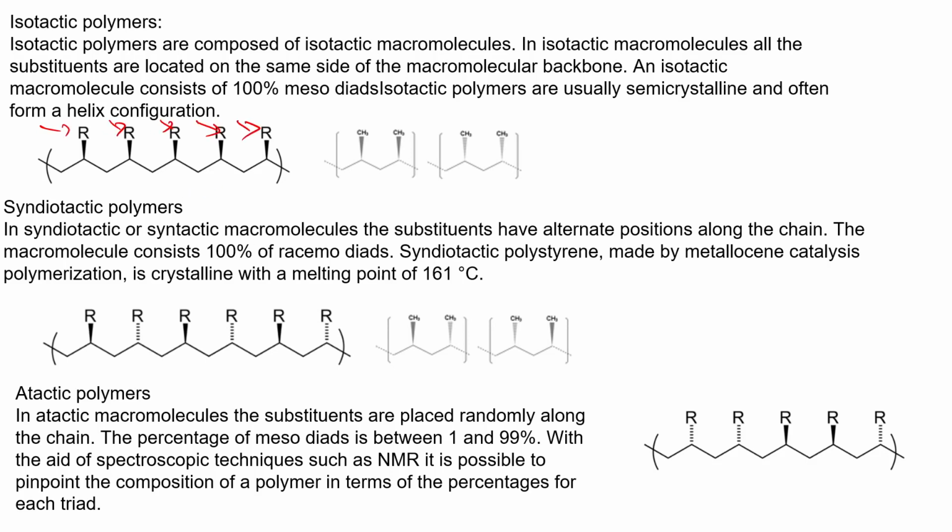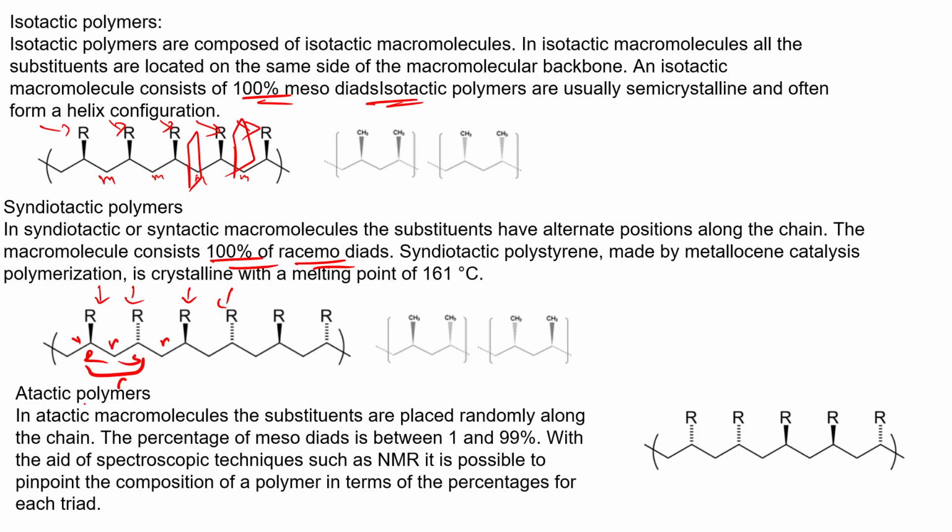So this is obviously one of the ordered structures, and they are having that meso relationship as we have discussed. So 100% meso diads isotactic polymers should be having, and they are called isotactic polymers. They are called syndiotactic when this kind of racemic thing is there, because if it is R, it is S. So these diads are racemic. So here again, 100% racemic diads are found like this. Above, below, this order is obviously maintained.